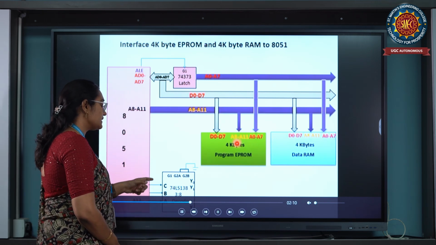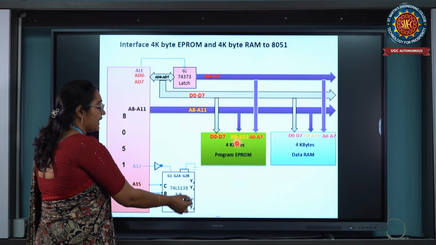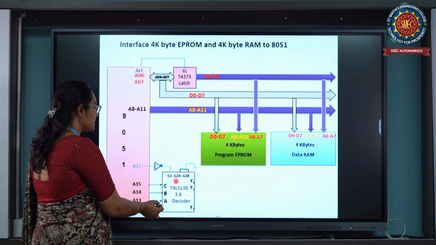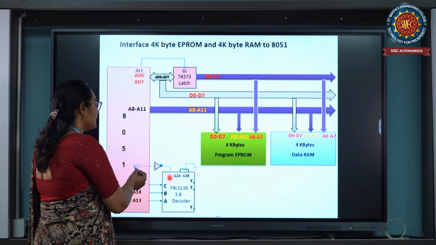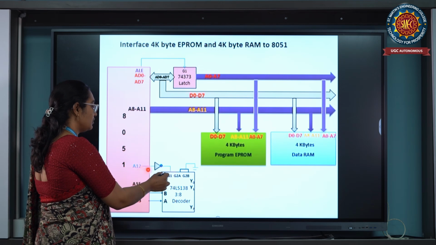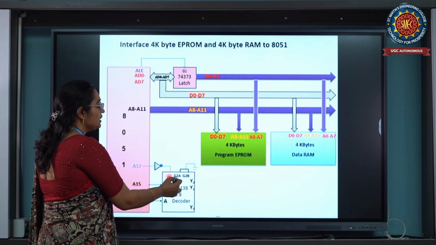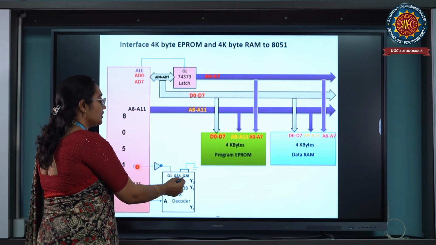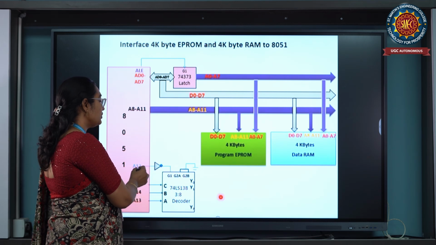This decoder consists of 3 inputs and 8 outputs. These 3 inputs are connected to A13, A14, A15 only. Then A12 is connected to ground. It consists of 3 enable pins G1, G2A, G2B. G2A and G2B are connected to ground and G1 is connected to A12.